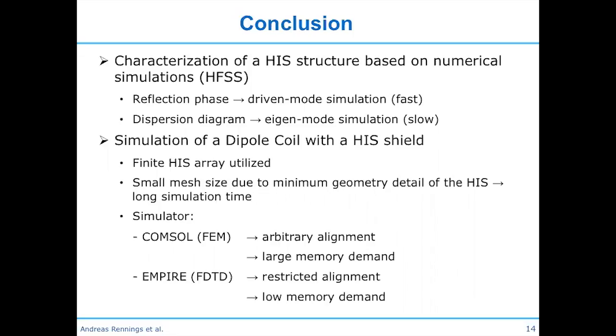FDTD is quick and the memory demand is quite low, but there are problems. For example, if you have these tiny substrate layers, and when they are also curved, there are issues, as you can imagine, and as I've shown. But then OpenEMS comes into play with its cylindrical FDTD mesh.